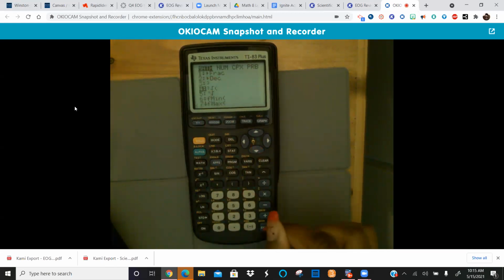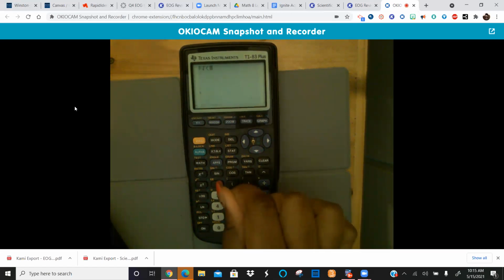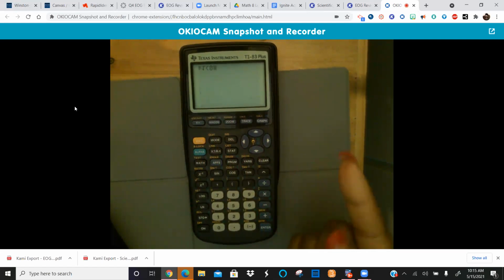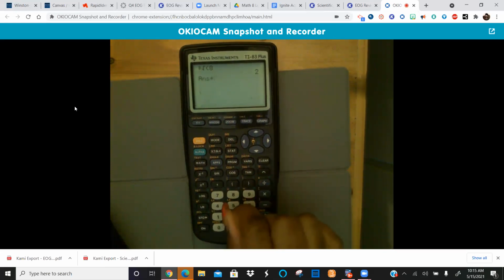Okay. And let's do 8. What number can be multiplied times itself 3 times to give you 8? And that's 2. Okay? 2 times 2 times 2 is 8. Or 2 to the third power.